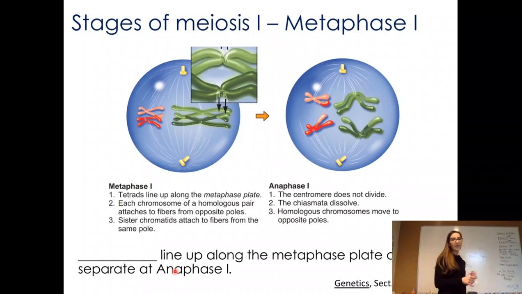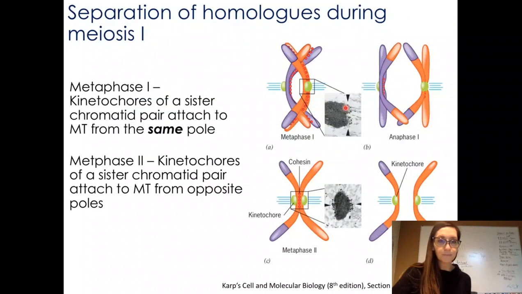The tetrads line up along the metaphase plate, and the tetrads are what are going to separate in anaphase 1. Another point is that here, the chiasmata, which are holding these two together, still is a physical link in metaphase. That does not dissolve until we get to anaphase. So here you can now see the physical exchange of chromosomes.